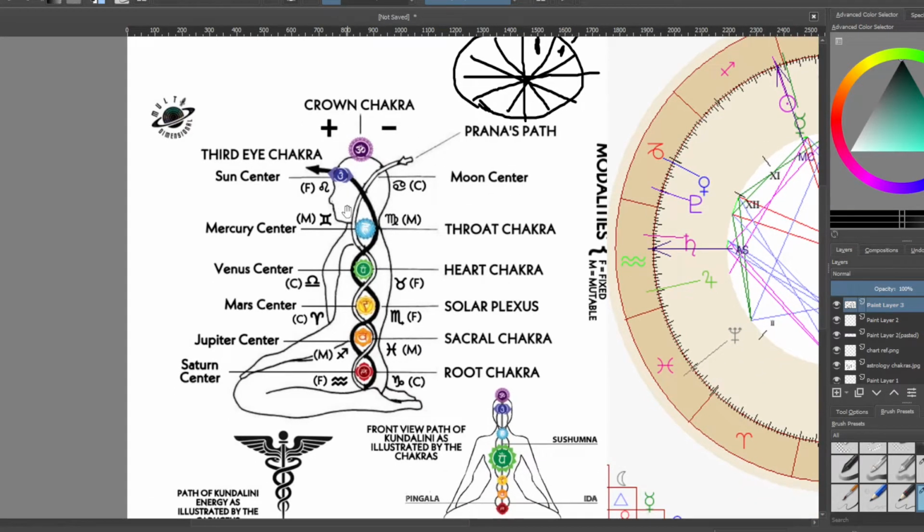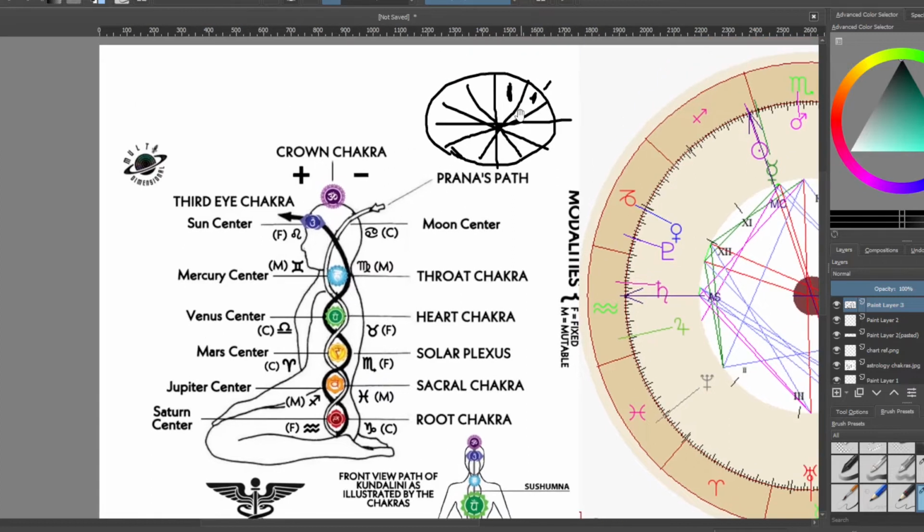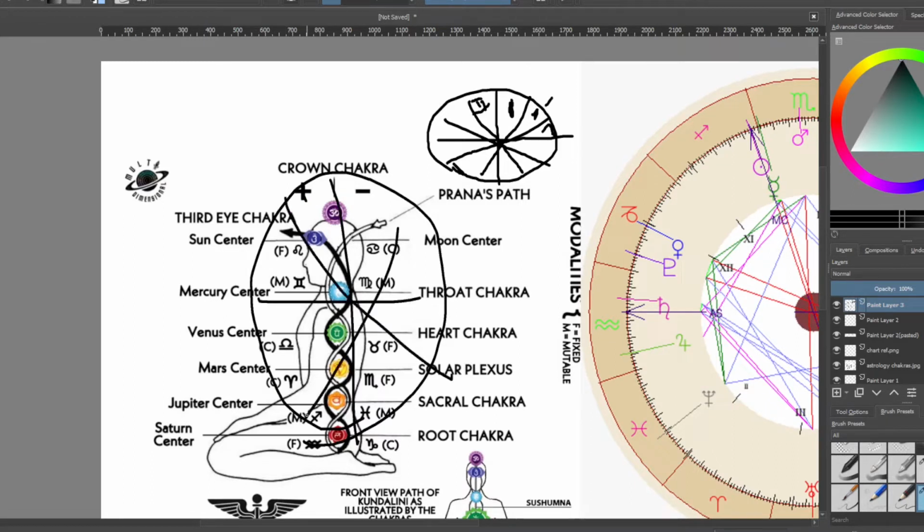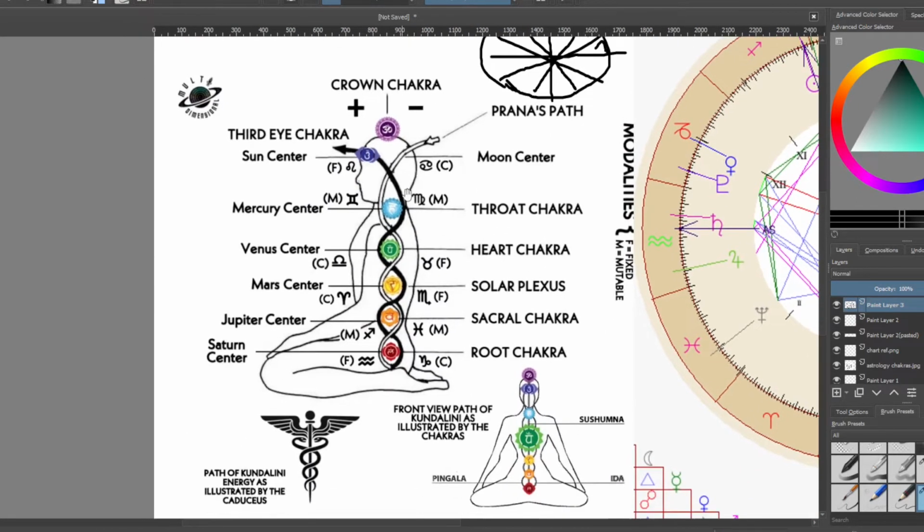For Mercury, here we have Gemini, here we have Virgo. So you see how it splits like that. It's like the body is like the astrology wheel, so to speak. I hope you get what I mean by that.